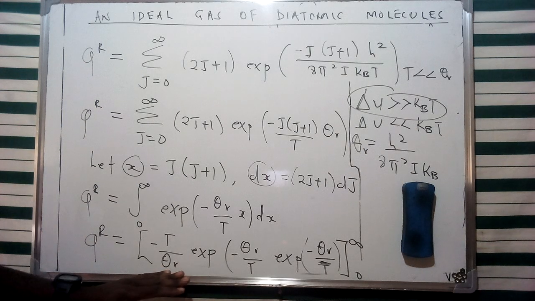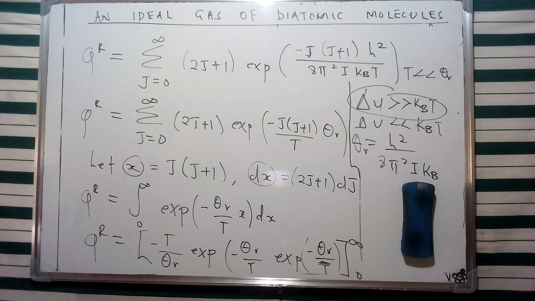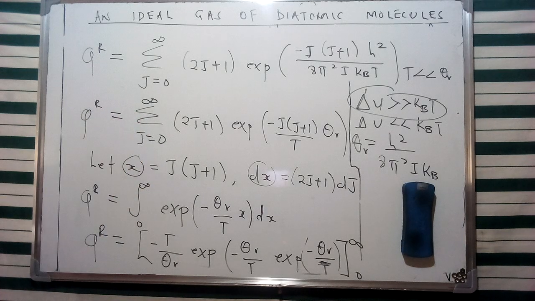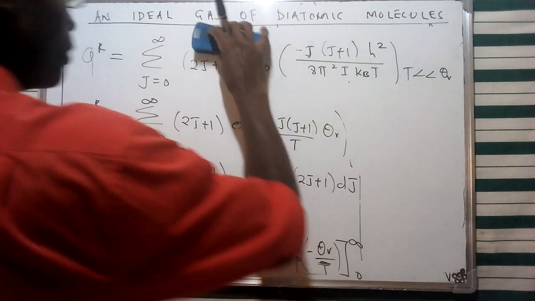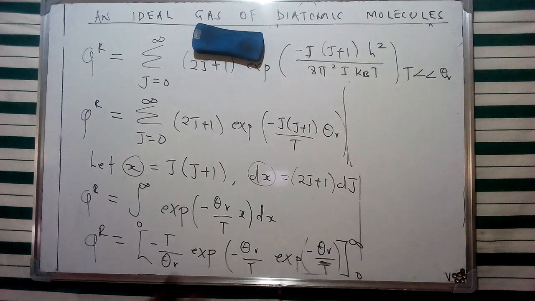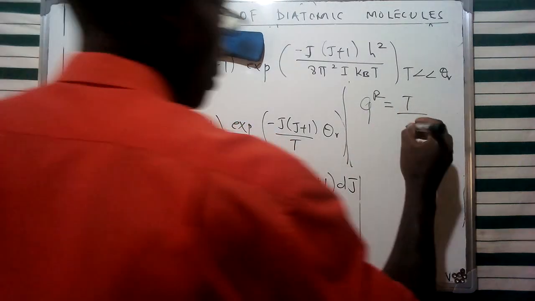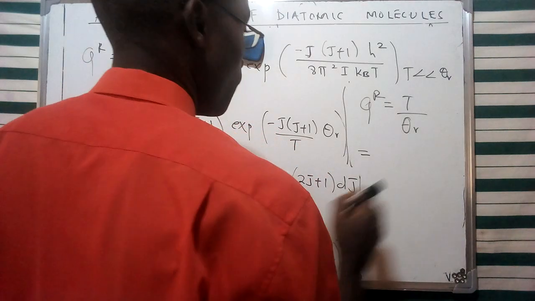Therefore, by doing these various substitutions, we're going to solve this equation between 0 and infinity for the range of j, and this is going to lead to a final result for the rotational partition function for the diatomic gas, given as QR equivalent to T over the rotational temperature, and of course this is still equivalent to a value.